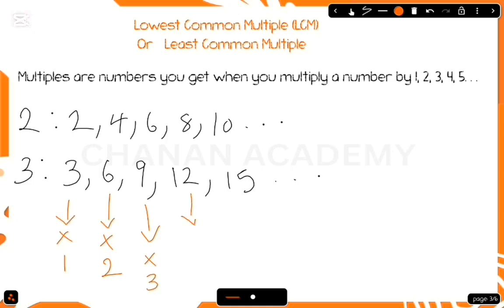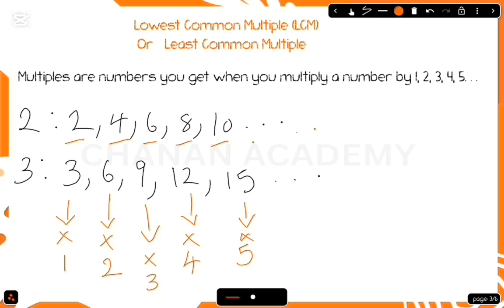This 12 is multiplied by 4. And this 15 is by 5. Same thing for 2, 4, 6, 8, and 10, and so on. So these are multiples. The next thing we want to define is common multiple.